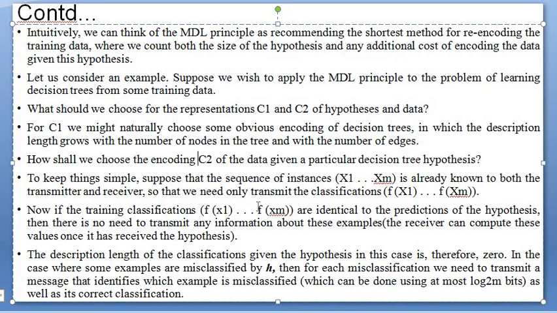If all the information is the same as predicted, there is no need to transmit all the packets, because the receiver can easily compute the next value, since both the receiver and sender know the data. The description length of a classification given the hypothesis in this case is therefore 0.